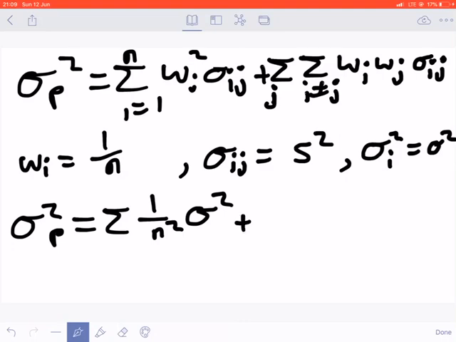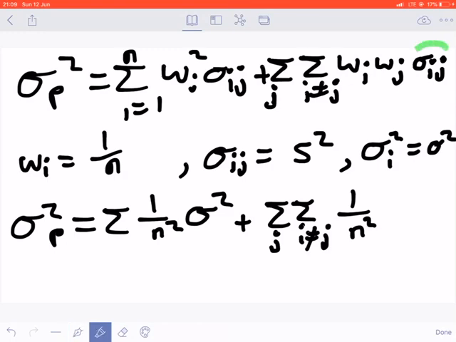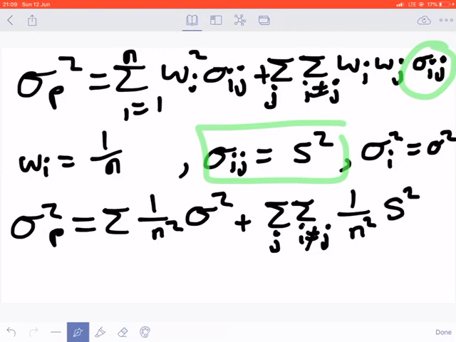And then you would have the sum for i not equal to j, again 1 over n squared, and then the covariance of the assets, which we said is equal to s squared, so you will just write s squared, right? Okay, fine.